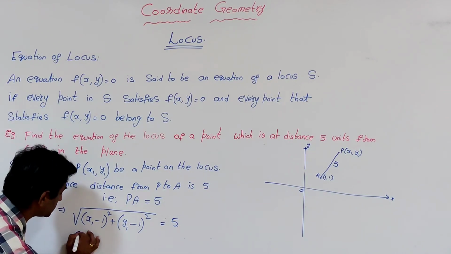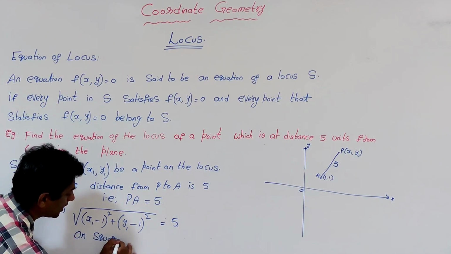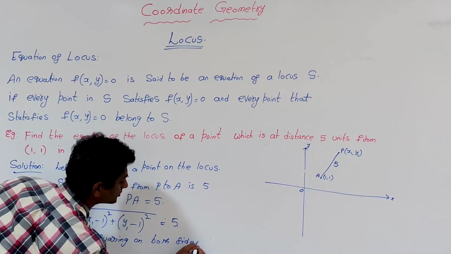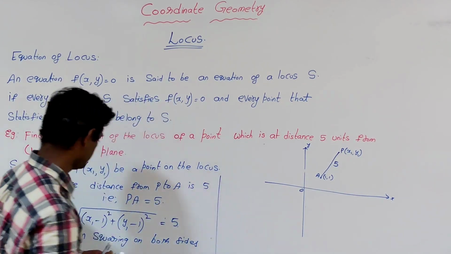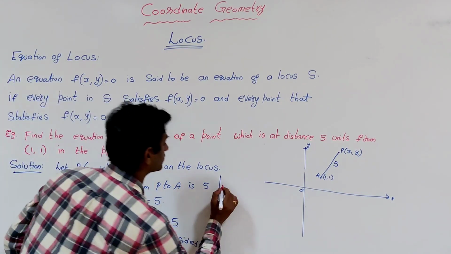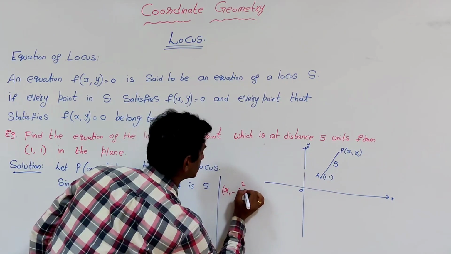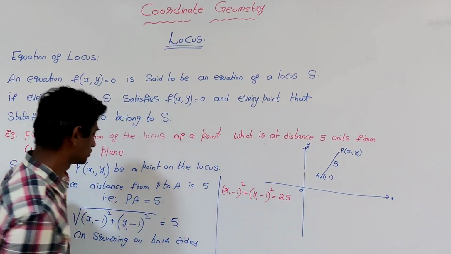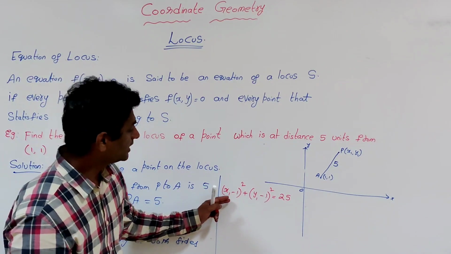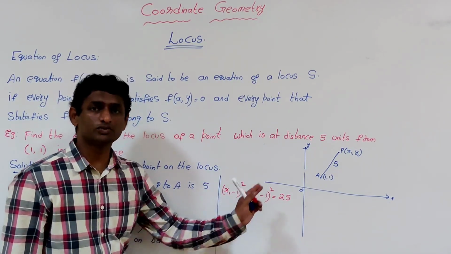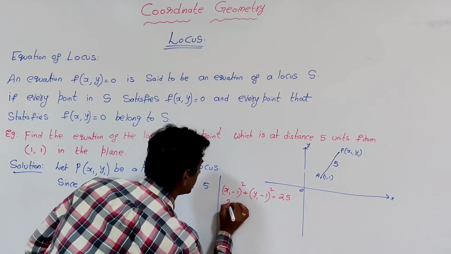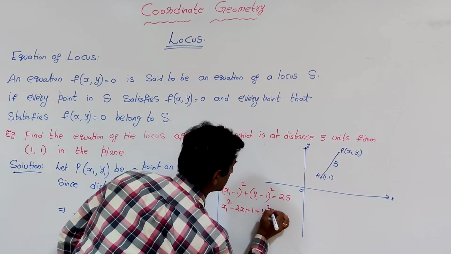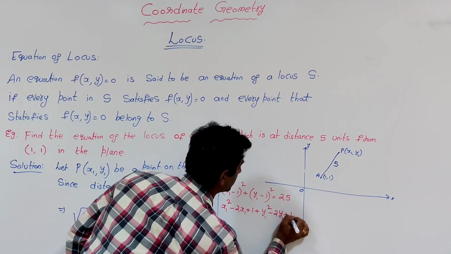On squaring both sides, what we get is x1 minus 1 whole square plus y1 minus 1 whole square is equal to 25. As it is in the form (a minus b) whole square, we can expand: x1 square minus 2x1 plus 1 plus y1 square minus 2y1 plus 1 is equal to 25.